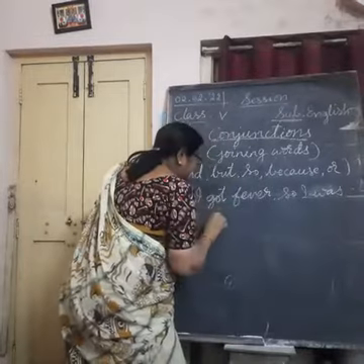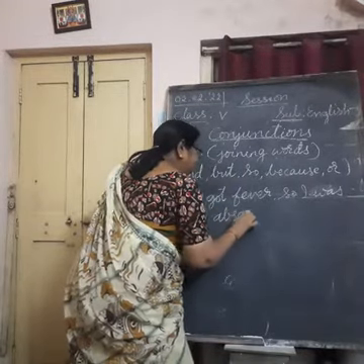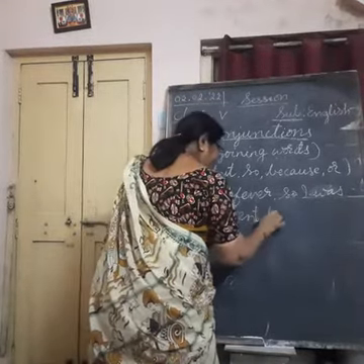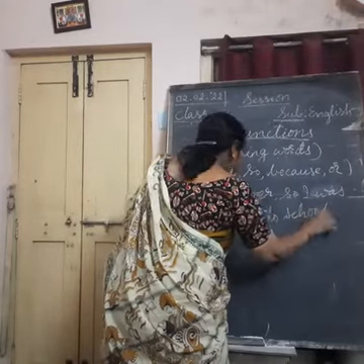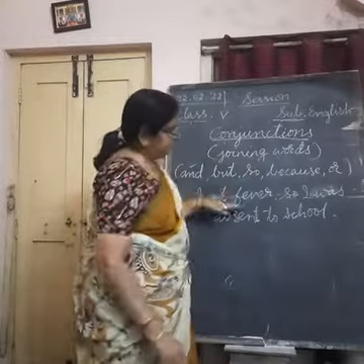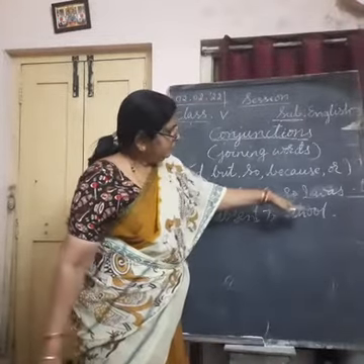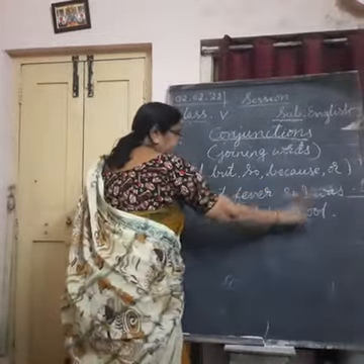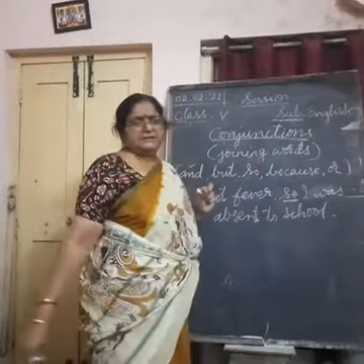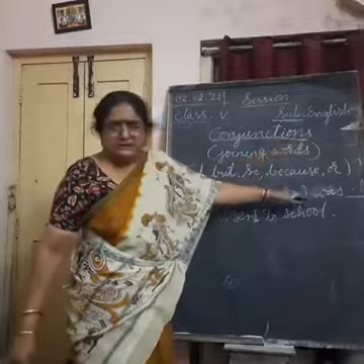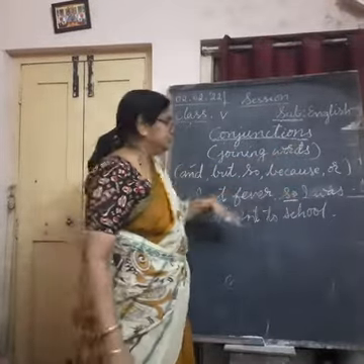I was absent to school. Same sentence, what I wrote here? I got fever, so I was absent to school. Here I used so as a conjunction, showing the reason why I was absent to school.